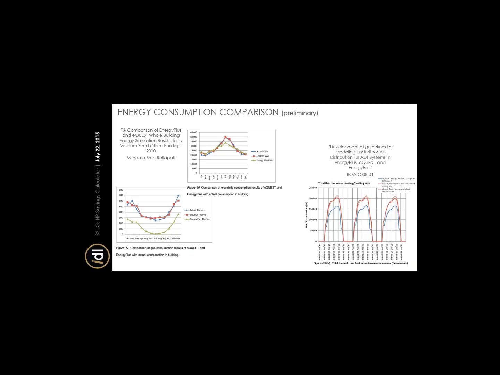They're calculating the cooling rate and then the heat extraction rate, so they're similar, but you can see there it's still maybe a 25% offset between EnergyPlus and eQuest. So I don't think it was my inputs causing the difference, but I do think there are some major differences between the two tools that should be kept in mind.